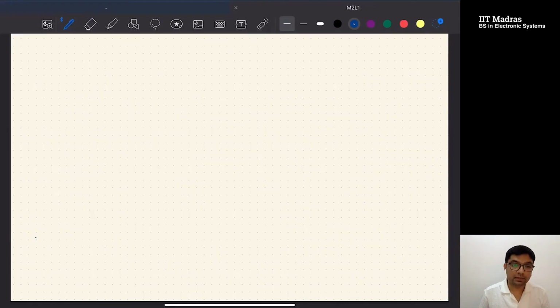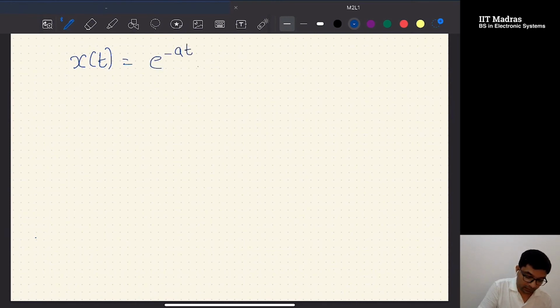Okay, let's do one more example to understand our visualization better. So here I will have two signals. I have x of t as e power minus a t times u of t, with a greater than 0. So this u of t will ensure that the signal has values only for t greater than 0.